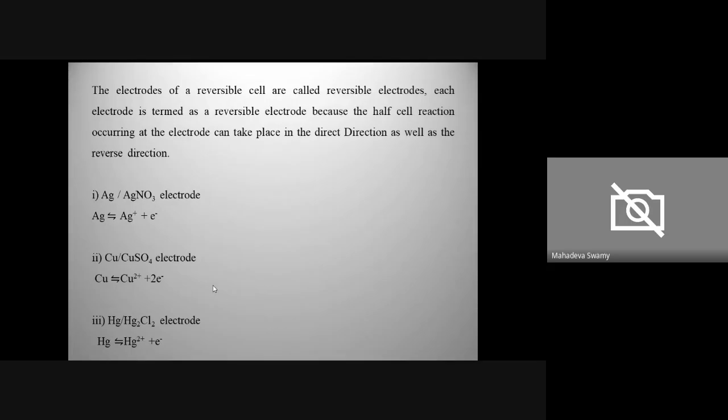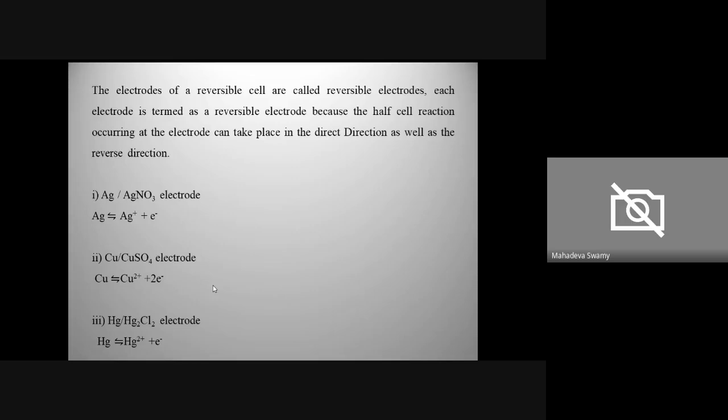Then we discuss this. The electrodes of a reversible cell are called reversible electrodes. Very simple concept. What is that reversible electrode? What are the electrodes we are using in reversible cells? All the electrodes we are considering reversible electrodes. Each electrode is termed a reversible electrode because the cell reaction occurring at the electrode can take place in the direct direction as well as the reverse direction.